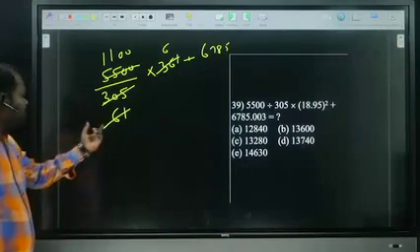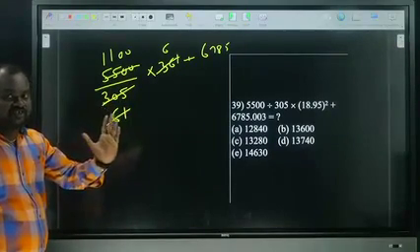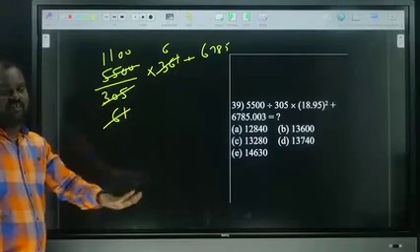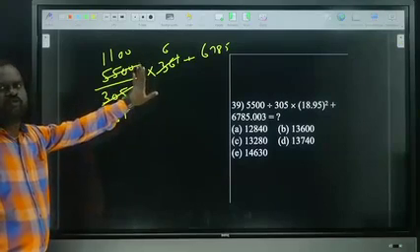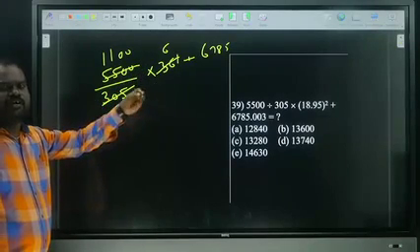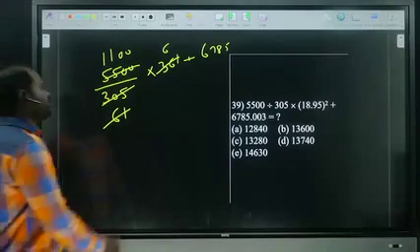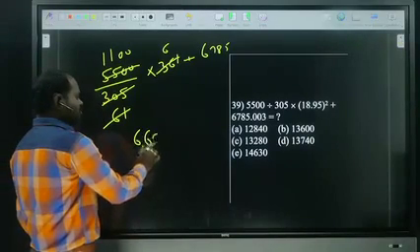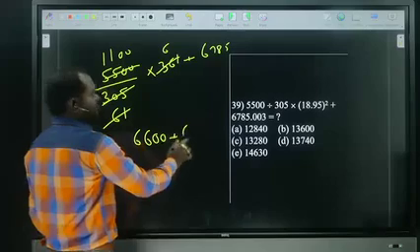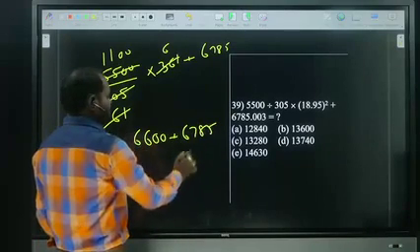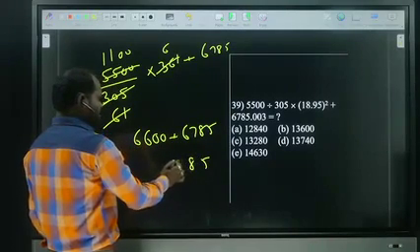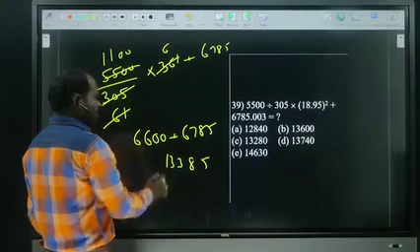Actually 61 times 6 is 366, but it is 361, so it's close to 6 times, a little bit lesser. So 1100 into 6, how much? 6600 plus 6785. By adding, 5, 8, 13, 1 carry, 13,384.